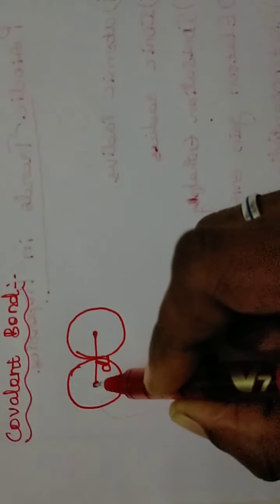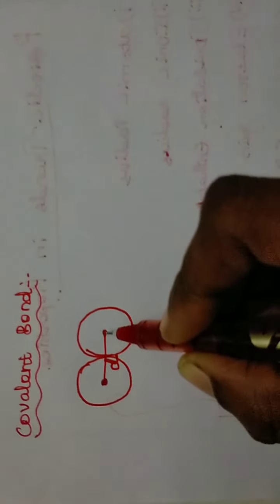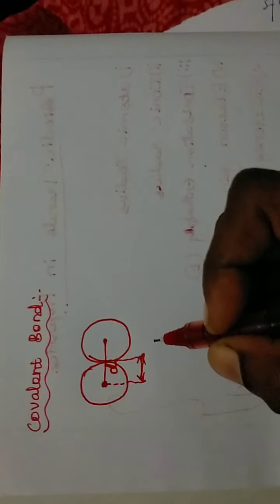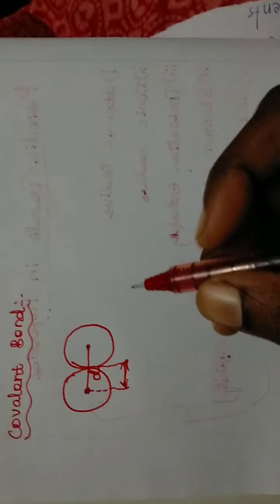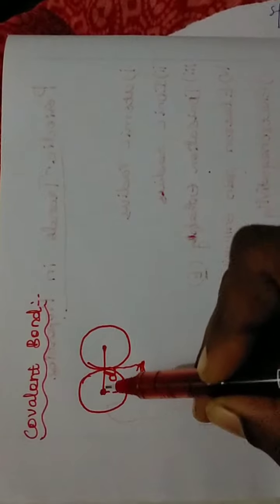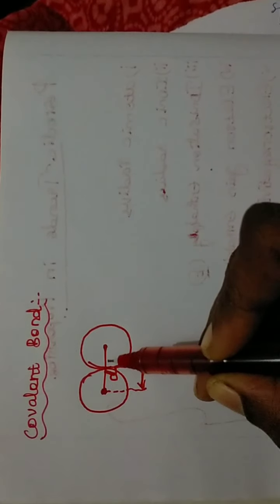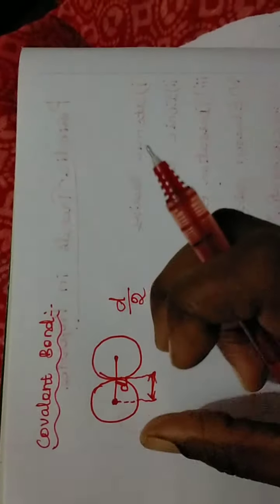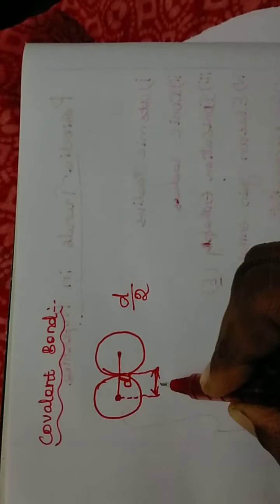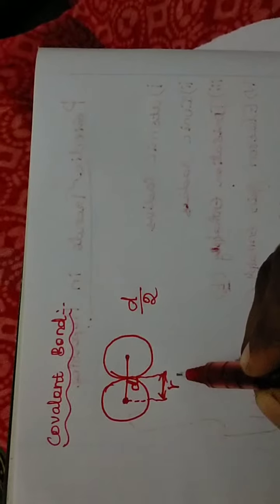The distance between the first nucleus and the second nucleus. It is one half of the internuclear distance, so D divided by 2, that means 1/2. This is known as R, the atomic radius of this one atom.